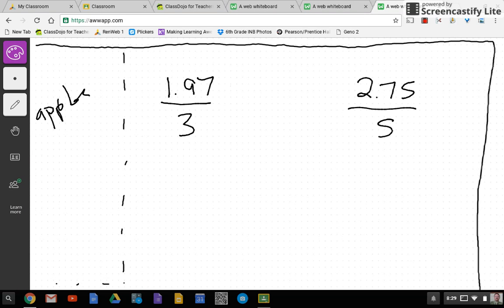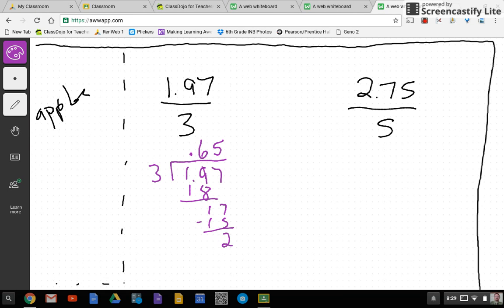So this one right here is $1.97 divided by 3. So I'll bring up my decimal. So 3 can't go into 1, but it can go into 19 6 times. And I get 1 left over. 3 can go into 17 5 times. And I would get 2 left over.